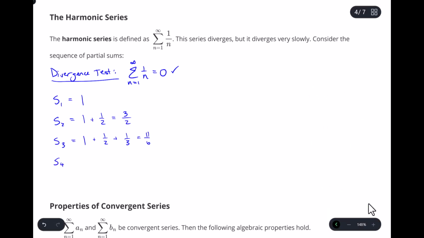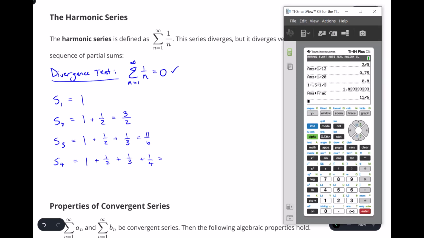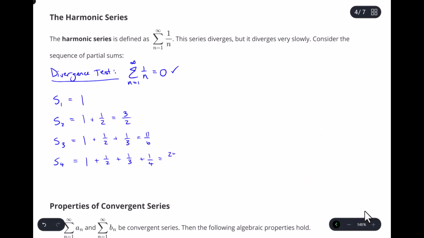The sum of the first 4 terms: 1 plus a half plus a third plus a fourth. So if I add 1/4 to this, I get 25/12.